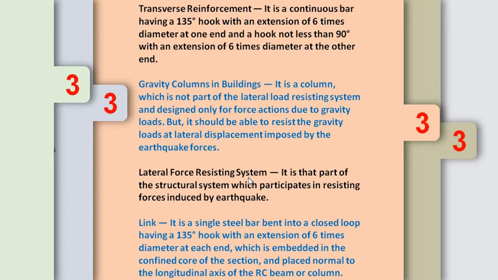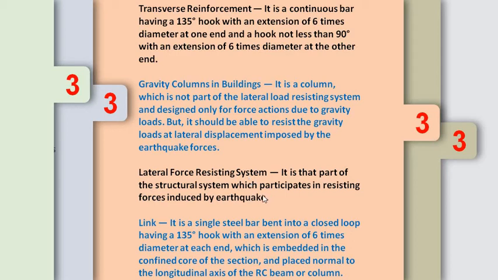But it should be able to resist gravity loads at lateral displacement imposed by the earthquake forces. Now there is a clear difference between a column and a gravity column. The columns that we are designing to resist the earthquake forces are different, and those which are not taking part as a lateral load system are known as gravity columns.